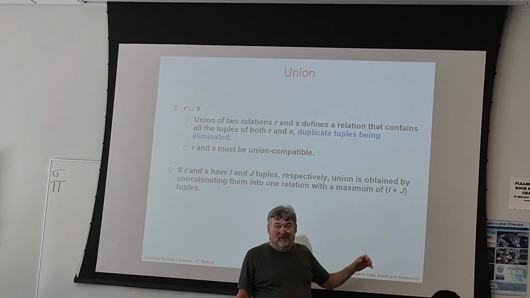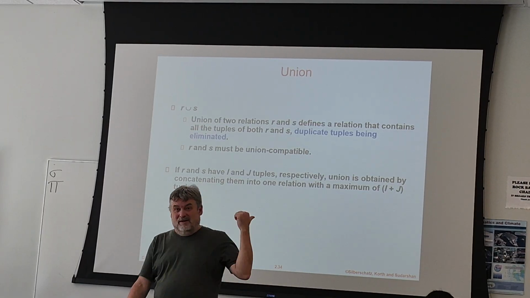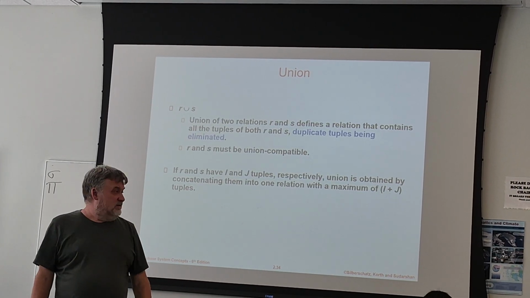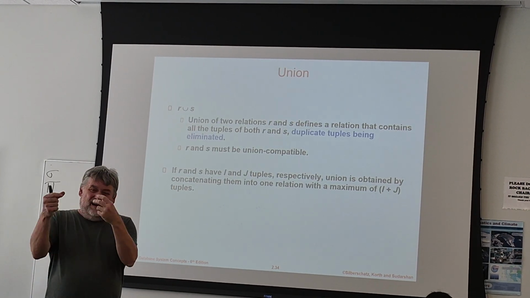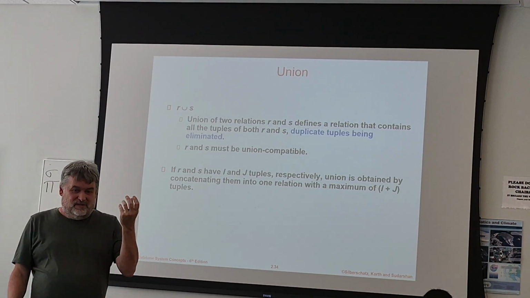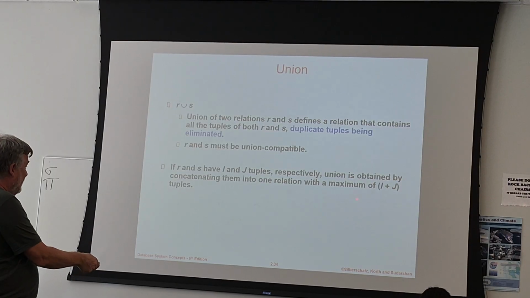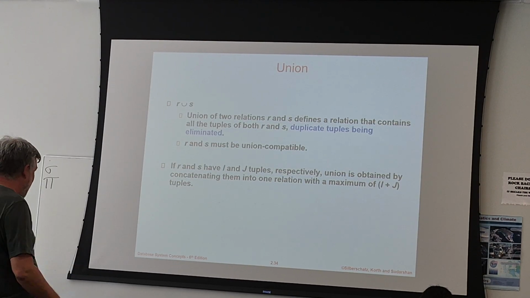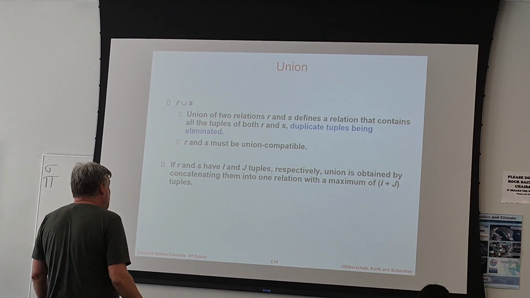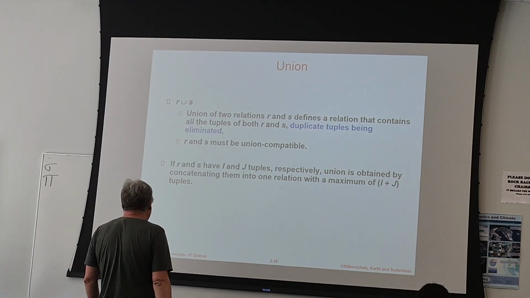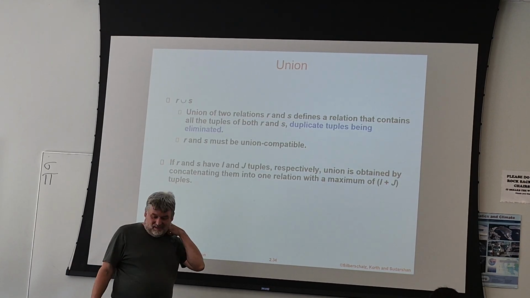That only makes sense. But set theory would say, if there are any rows that are exactly the same as each other, the duplicates are removed, and so you're only going to get a maximum of I plus J. It is conceivable that you have fewer than I plus J tuples in that resulting table.